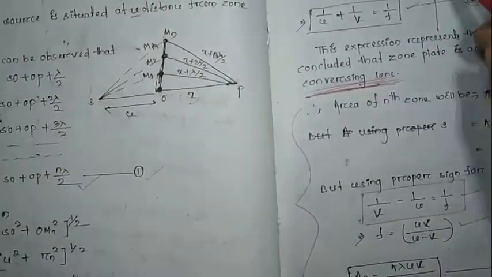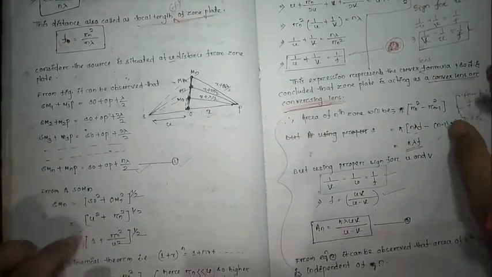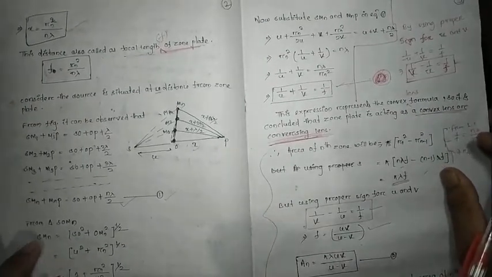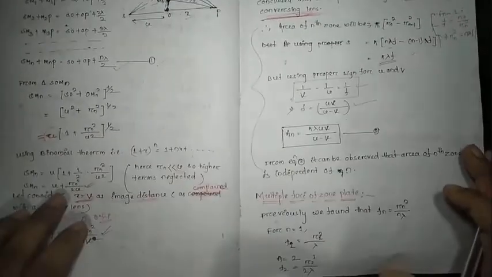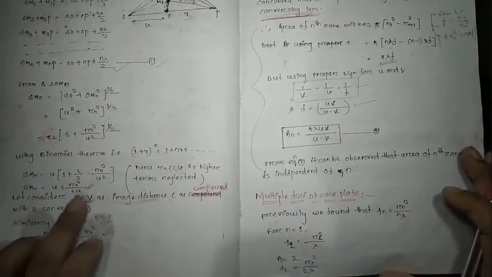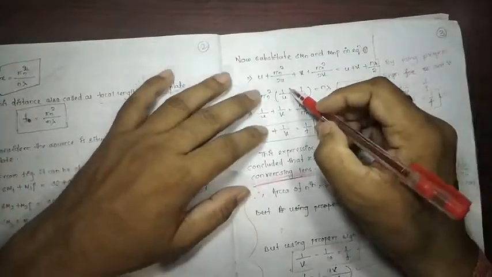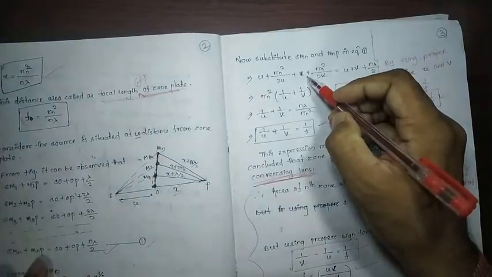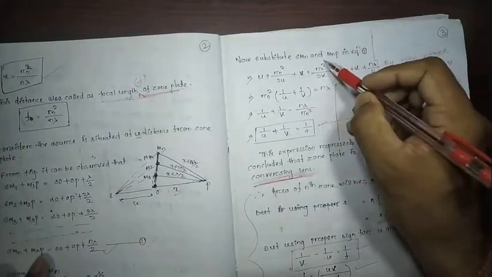Instead of Smn we can put u plus Rn square by 2u, and likewise instead of MNP we can put v plus Rn square by 2v.